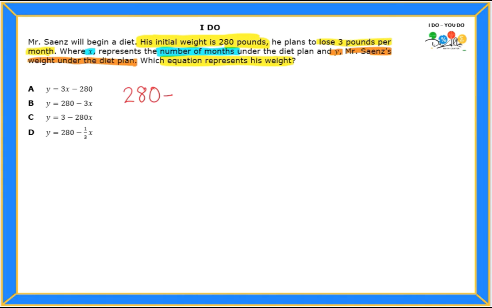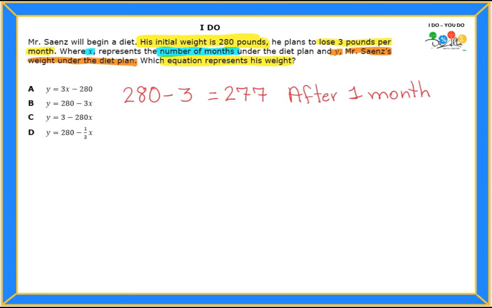So we're going to take away the 3 pounds that he more than likely lost on the first month. And that will be equal to 277. Okay? What about in the second month? So this one is the first month. So this is the weight after the first month.